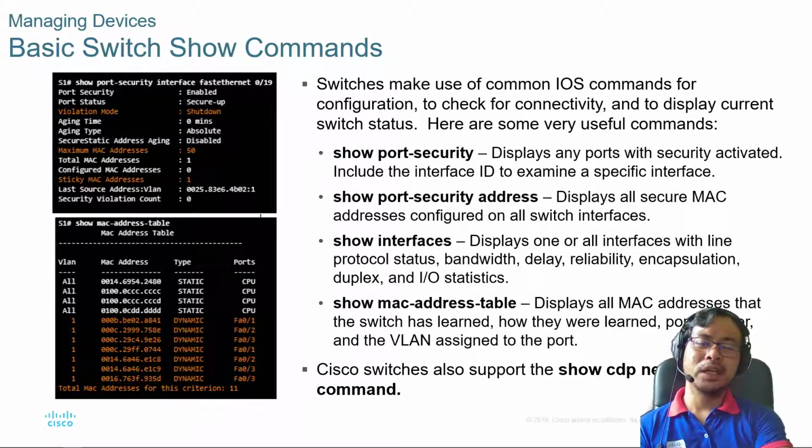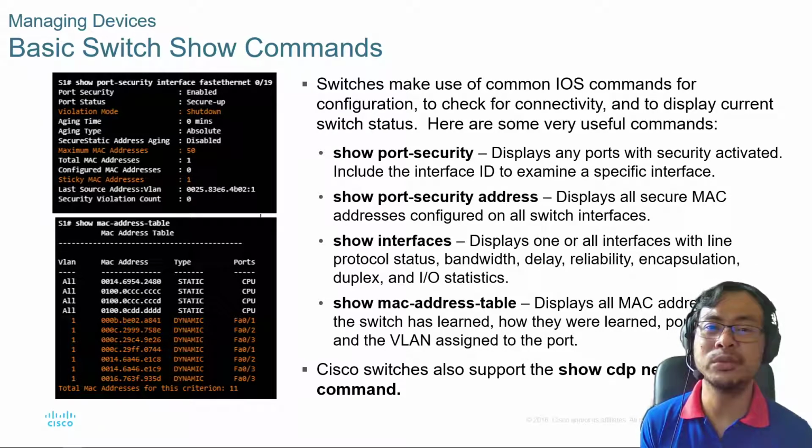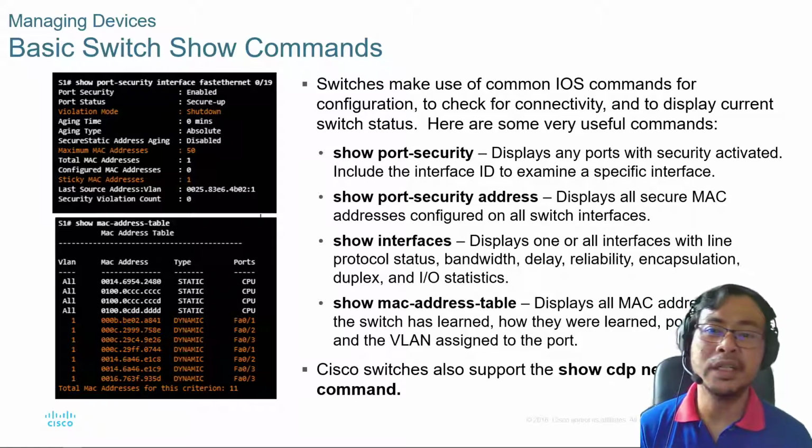So hindi nyo na kailangang, I personally, to be honest, I don't memorize everything in the CLI. Most of the time, I just know they exist. If I forget something, I just use question mark because I know where to find them. It's in the global configuration, di ba?